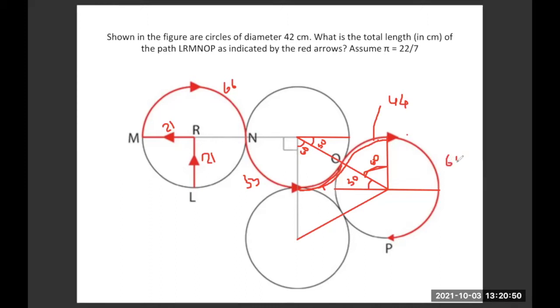Can anybody add and tell me कितना होगा? 295. One plus 21 plus 66.